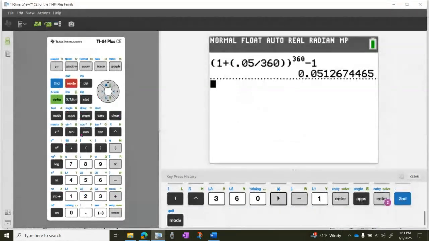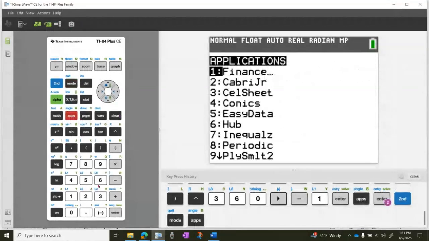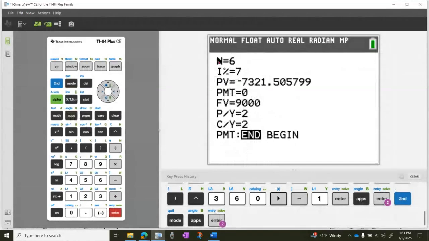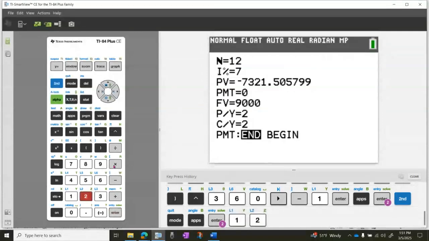We go to apps and then finance, TVM solver, and we have this here, right? Capital N is the total number of times the interest is compounded over the lifetime of the annuity: 12 times a year for 40 years, so 12 times 40.